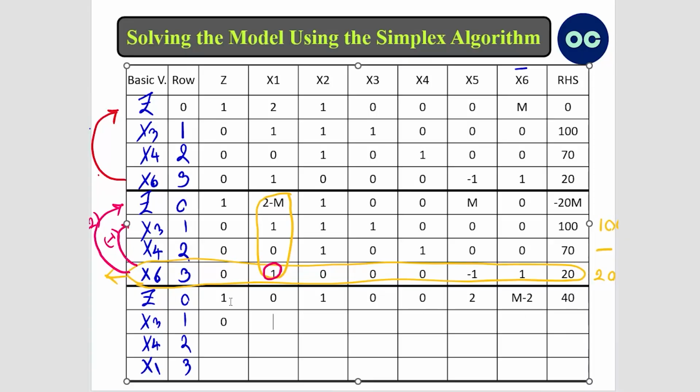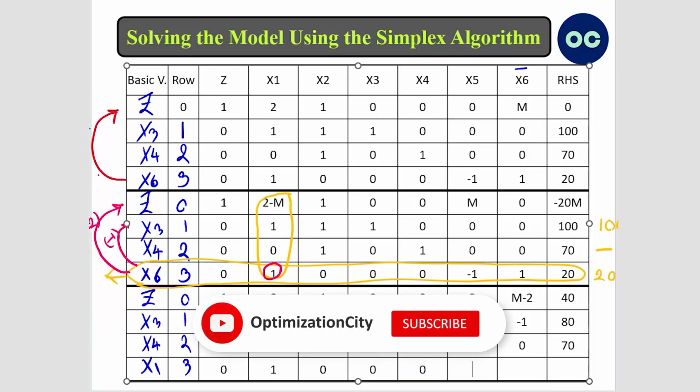Next is 0, 0, 1, 1, 0, 1, minus 1, and 80. Then 0, 1, x3, 0, 1, 0, 0, and 17. And the last one, 0, 1, 0, 0, 0, minus 1, 1, and 20.